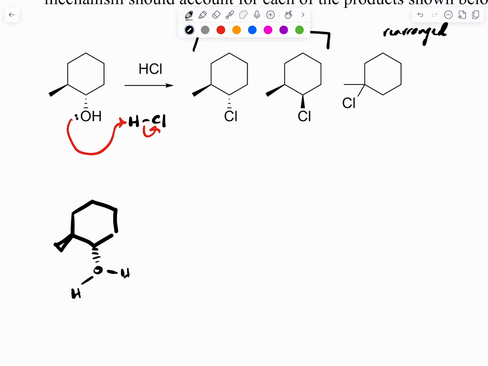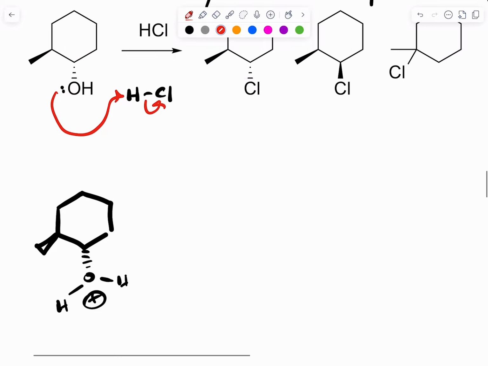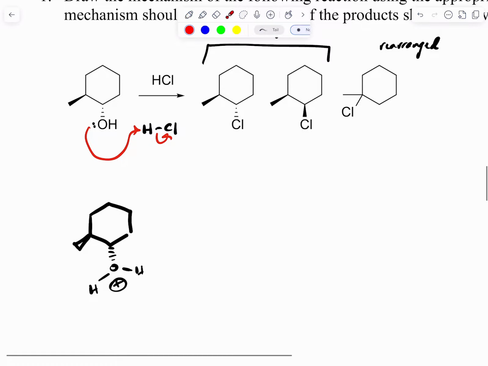Good. Then what? You know that the chloride doesn't come in and attack at this stage, because if it did, that would be SN2, and we would get no rearranged product, and we would also get none of this stereoisomer.